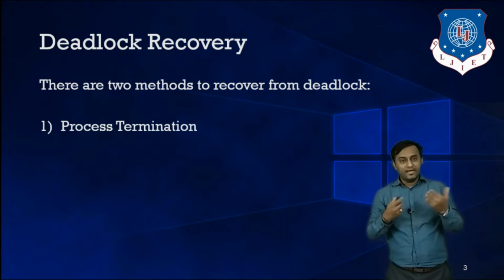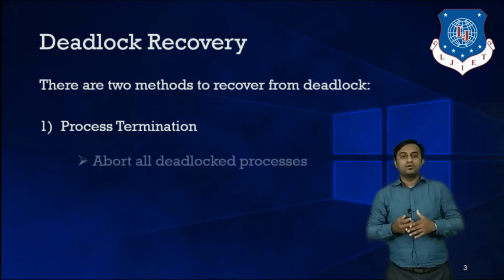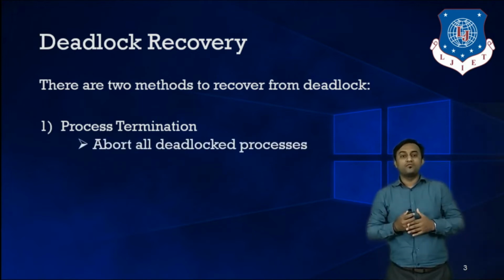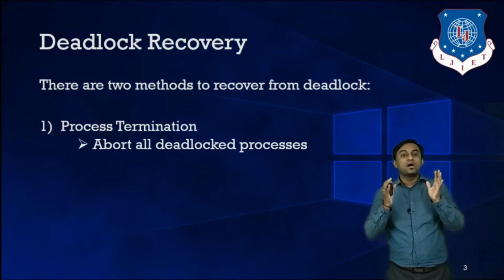There are two different ways through which you can terminate processes so that you can recover from the deadlock. The first strategy is to abort all deadlocked processes. Suppose, for example, 5 processes are waiting for each other to release resources.